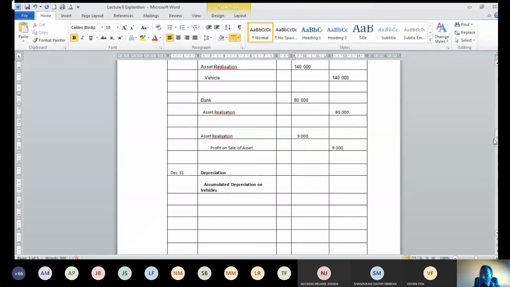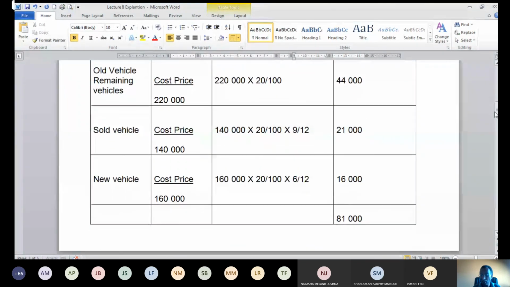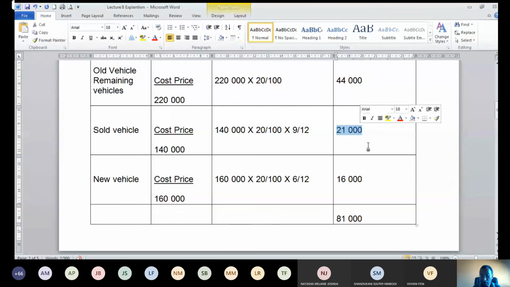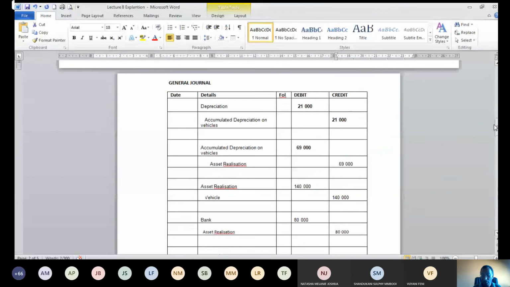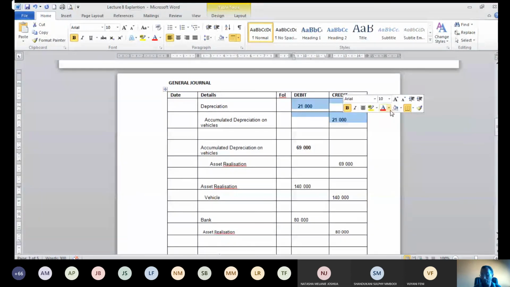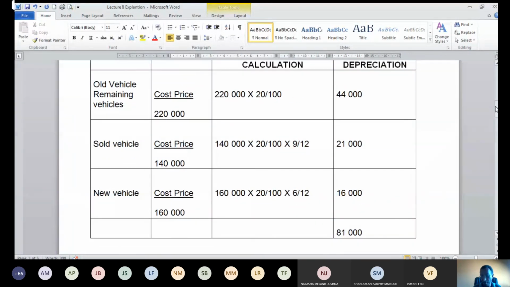But important now, guys, let me just quickly show you. Remember, we've got 3 categories: old vehicles, vehicles that we sold, as well as the new vehicle. Now that 21,000 rand, that depreciation, we recorded already. You recall that that was under step 1 with the asset realization. We recorded that already on the 1st of October.